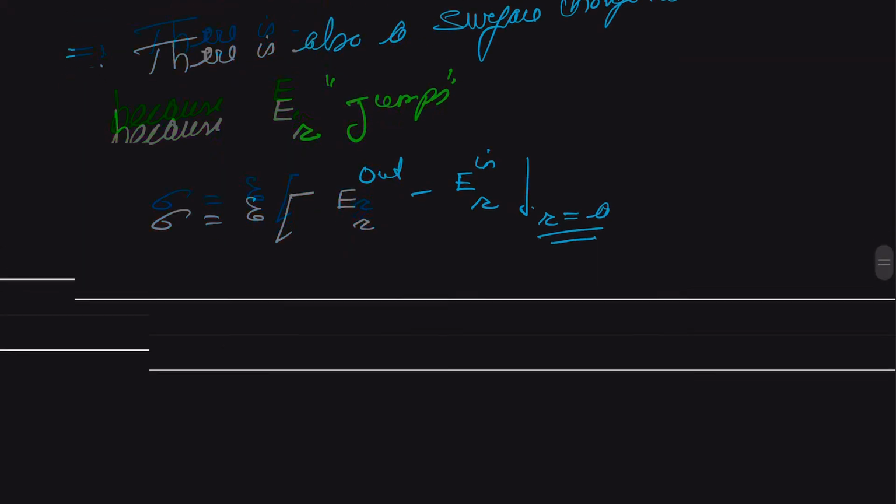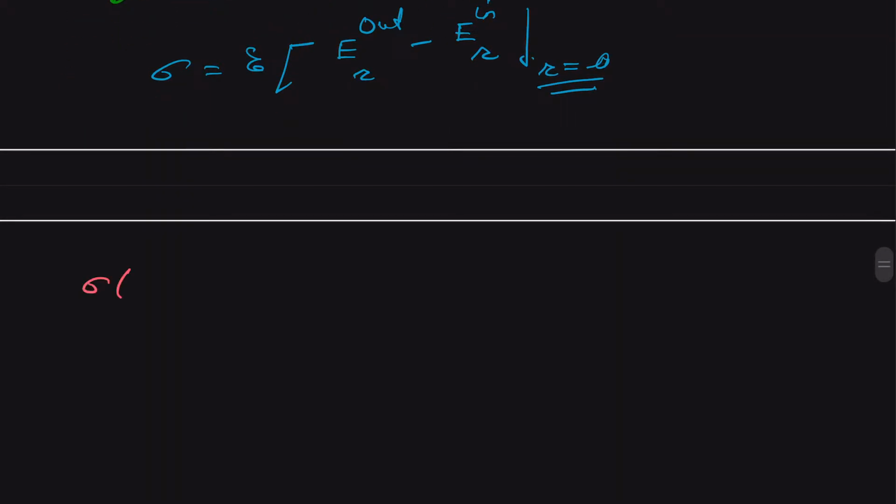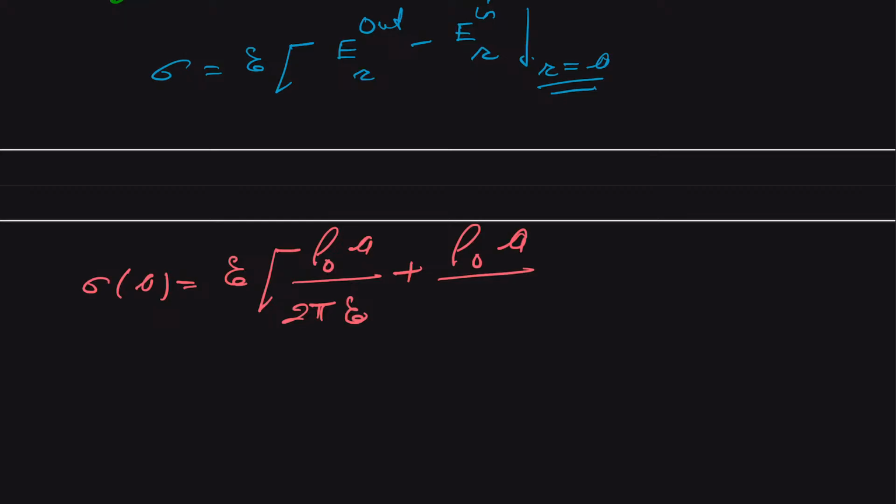Therefore we get from here that our charge density at point A will be equal to epsilon naught times rho naught A upon 2 pi epsilon naught plus rho naught A upon 2 pi epsilon naught. So we can just add them and we get this as rho naught A upon pi.